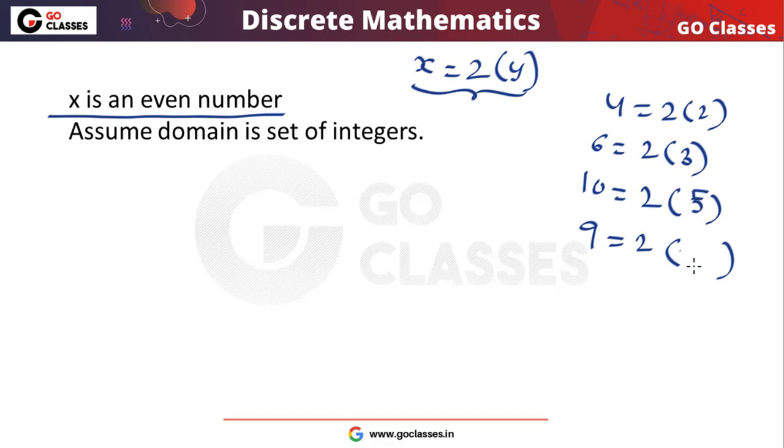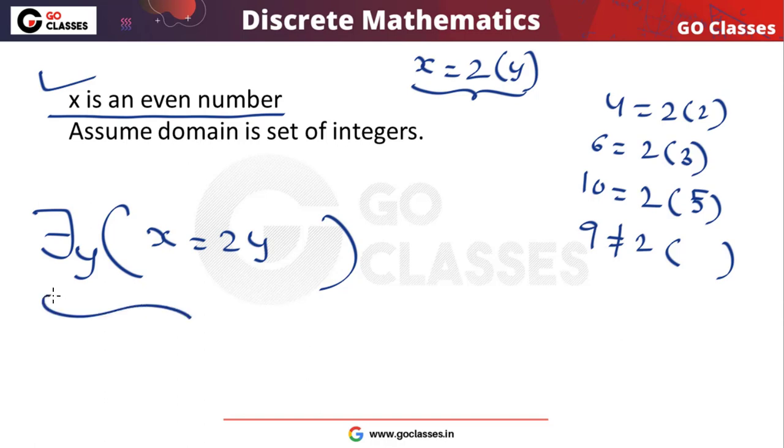Now, x is an even number. So how can you write it? We are saying that there exists a y such that x is equal to twice y, correct?